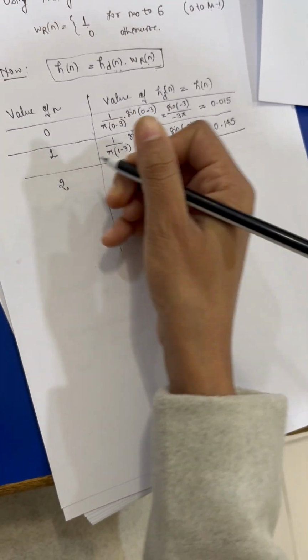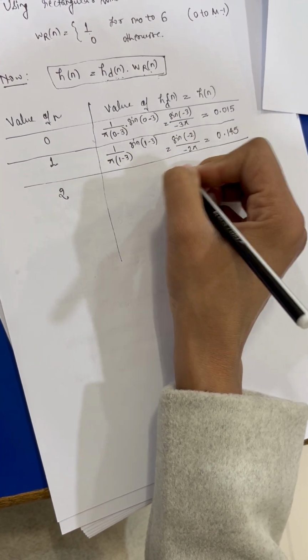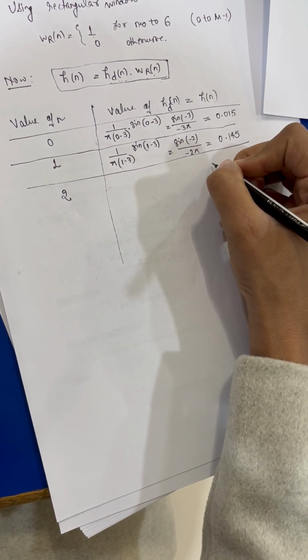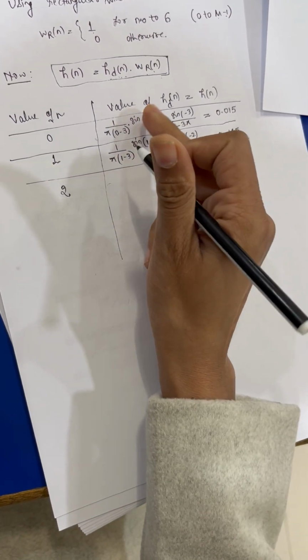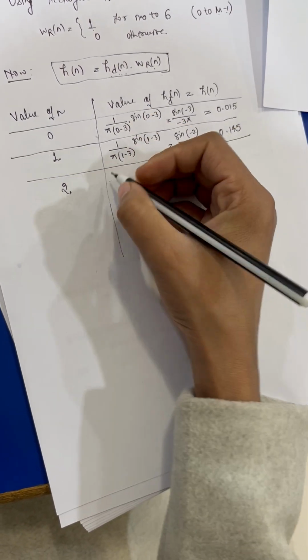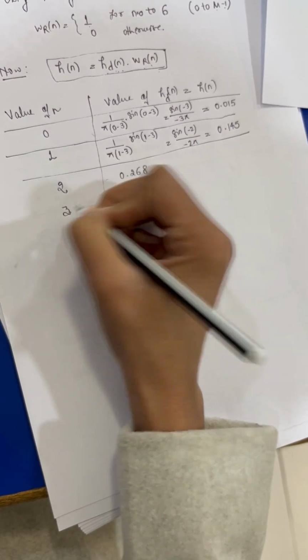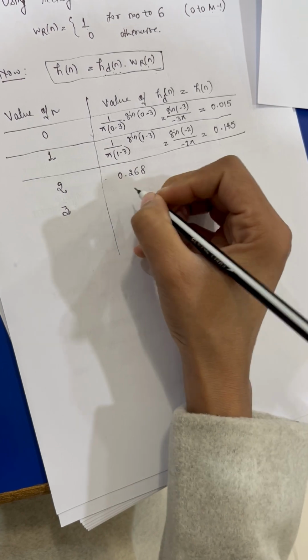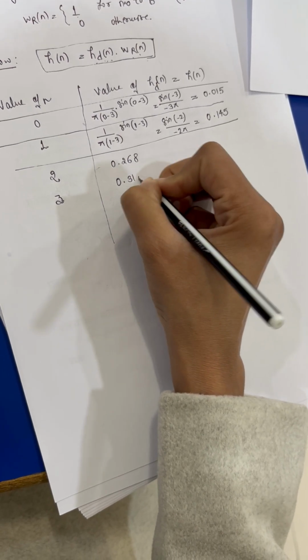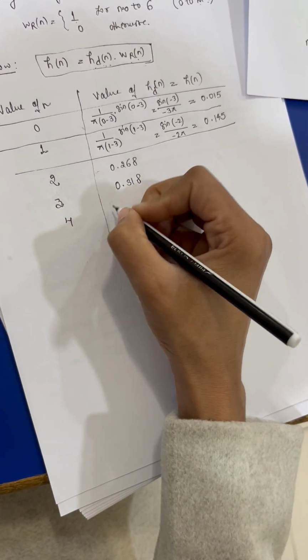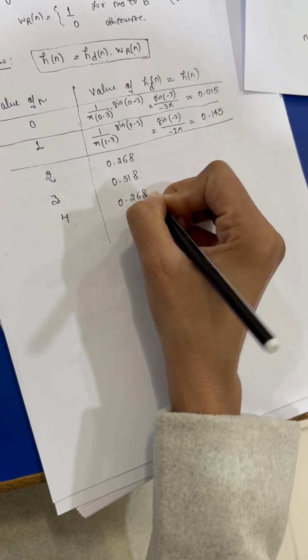When n equal to 2, I am writing here directly, put the value of n, so after solving we'll get 0.268. For n equal to 3, we have already found 1 upon pi, that is the value 0.318. For n equal to 4, 0.268.